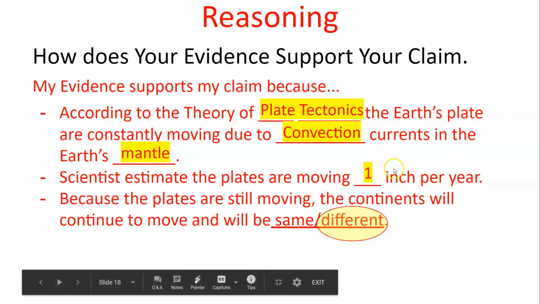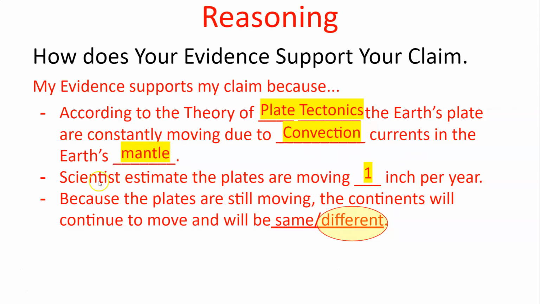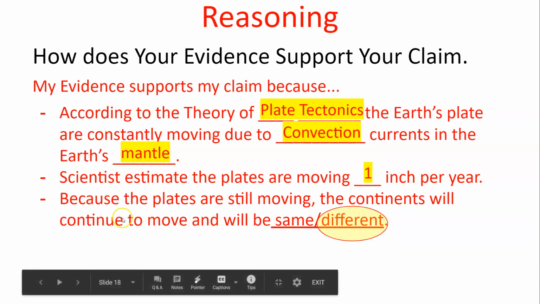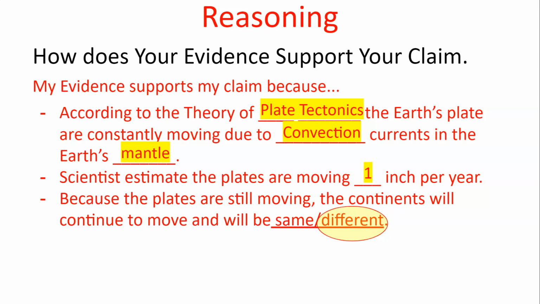I also add here, this is sort of an extra piece, that the plates are moving 1 inch per year. So they are still moving. And here's the key. The first and the last part are the key parts. This part here is key because what it's doing is it's explaining how my evidence supports my claim.